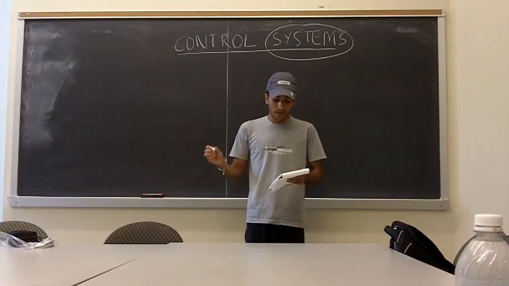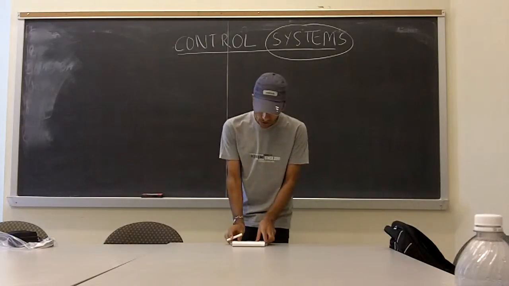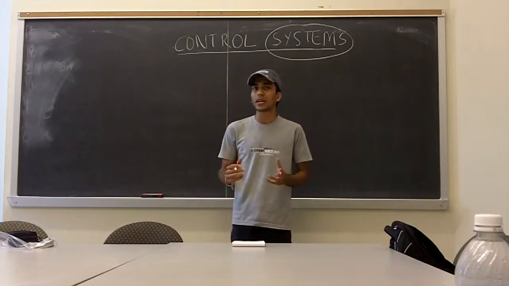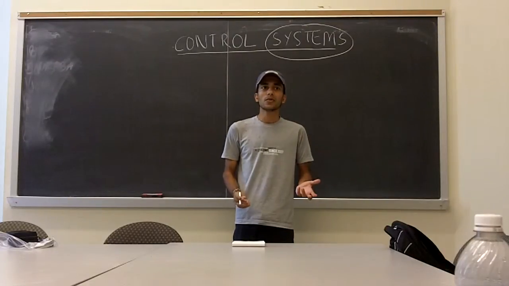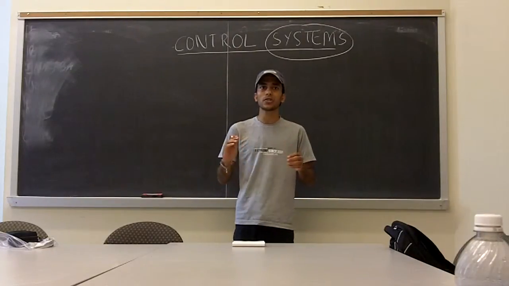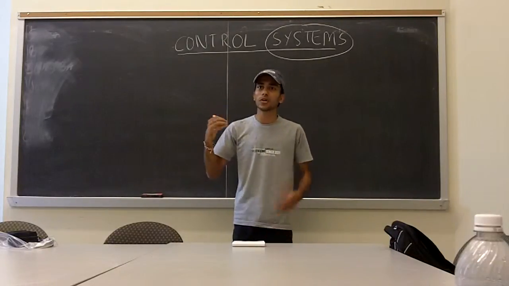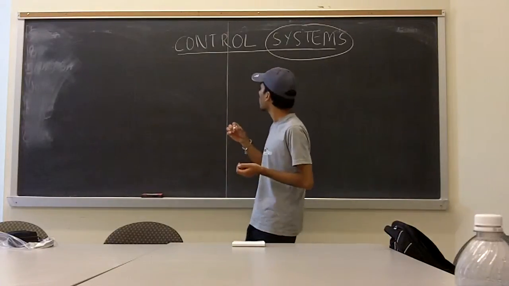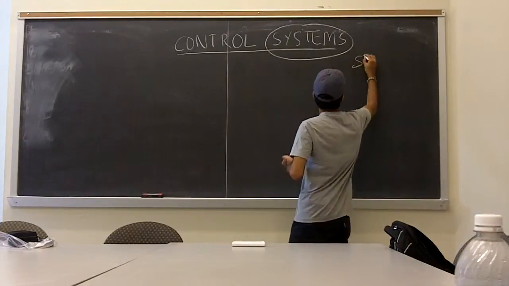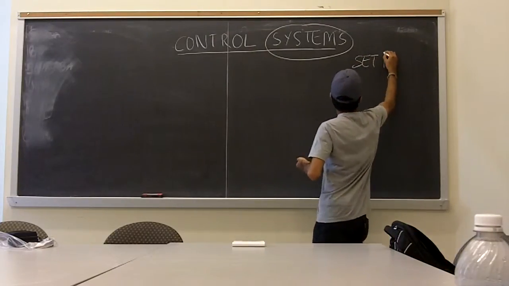These components are arranged in such a way that we can have the temperature of this room set to a particular value that we want. That value can be the set point.